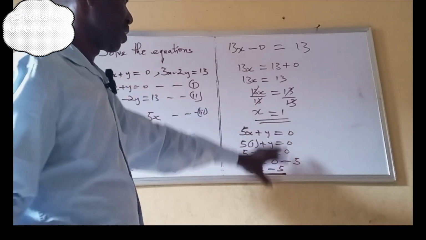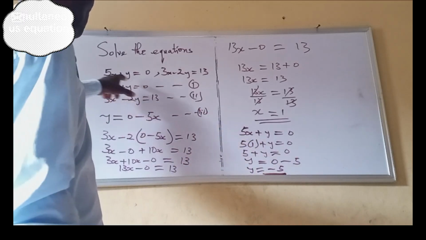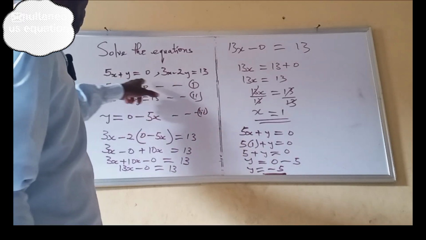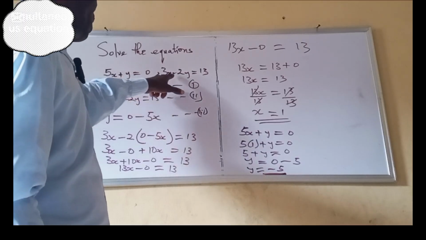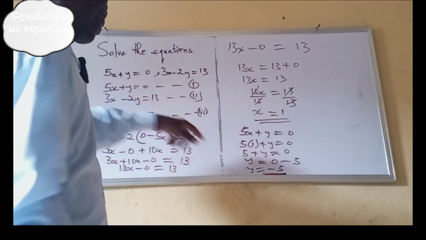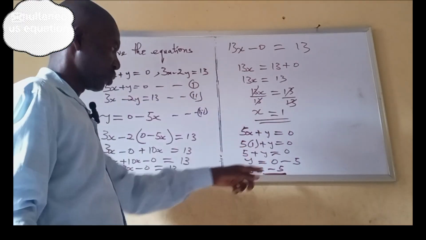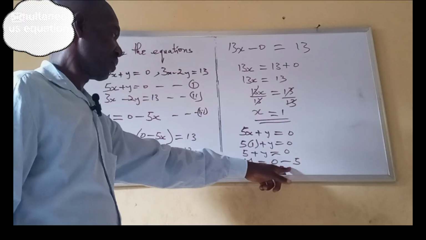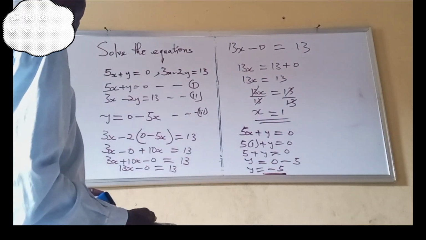What this implies is that if you check the equations you were given, 5x plus y is equal to 0, 3x minus 2y is equal to 13, you have gotten your x to be 1 and your y to be minus 5. So let's check.